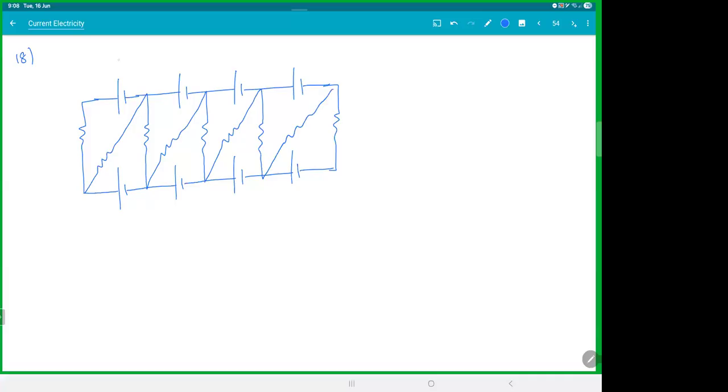So all batteries are 1 volt. All resistors are 1 ohm. Let this point be A and let this point be B. Find the difference between VA and VB.